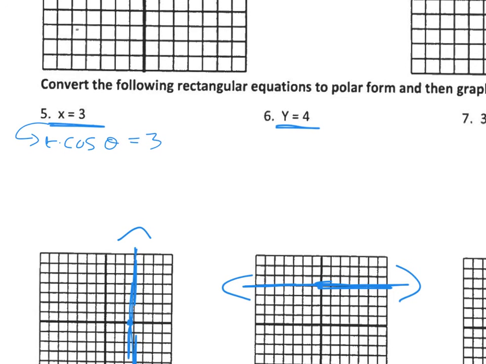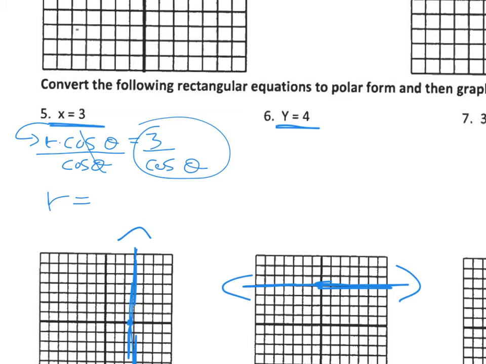All right, so for number 5, to get r by itself, I'm going to divide both sides by cosine of theta. It cancels, and I divide this by cosine of theta. So you're going to have r equals 3 over cosine of theta. Now this should look familiar. It's almost identical to number 3 that we did.